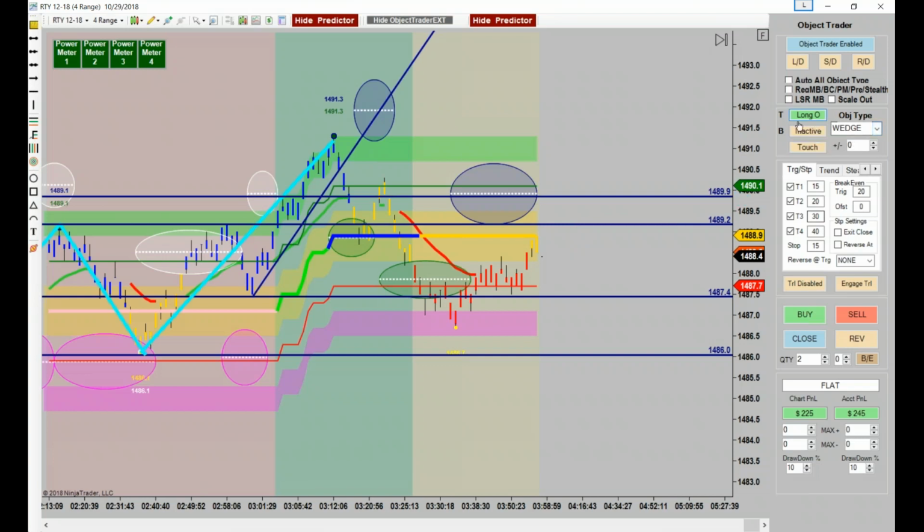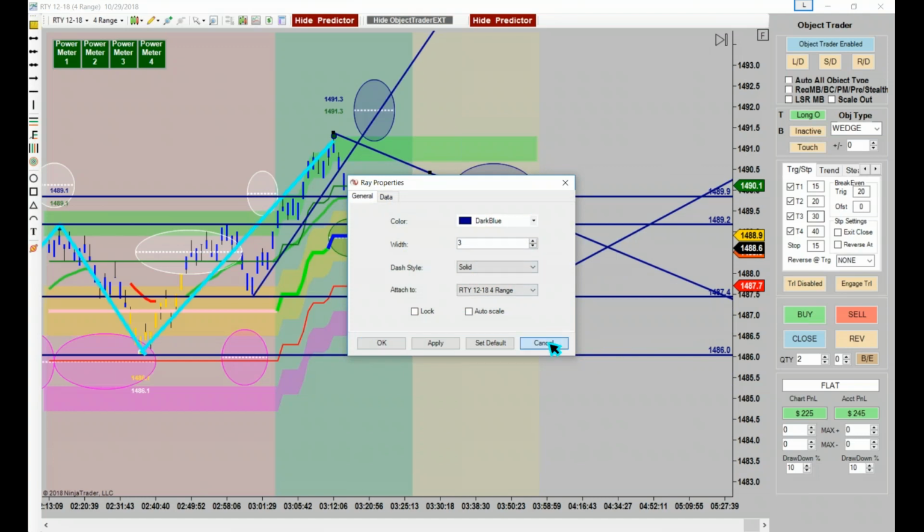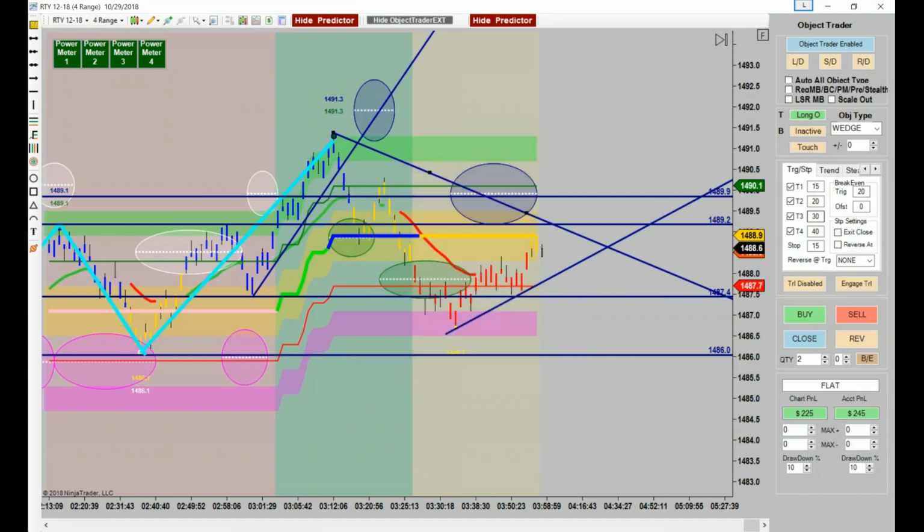Okay. Let's see if we can do a wedge. Let's go. I don't like that, obviously, because it's already out of it. See there? So I don't think I'd be doing a wedge as much on this side as I would this side.